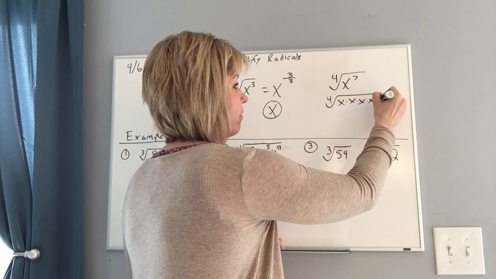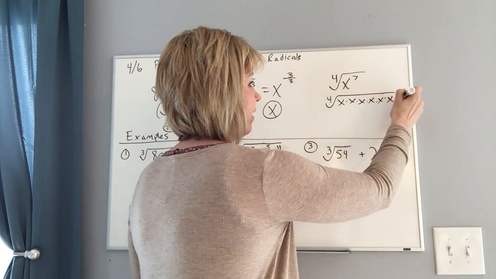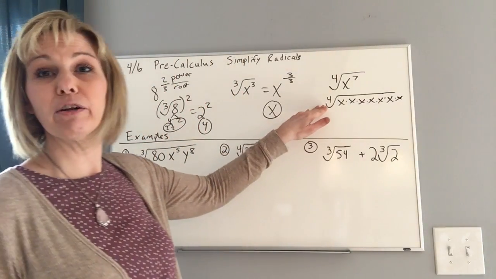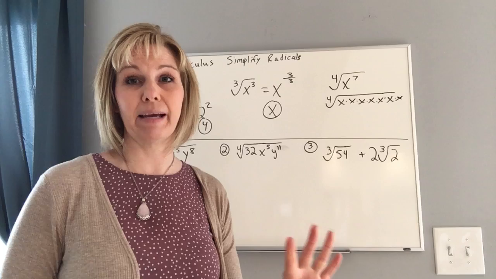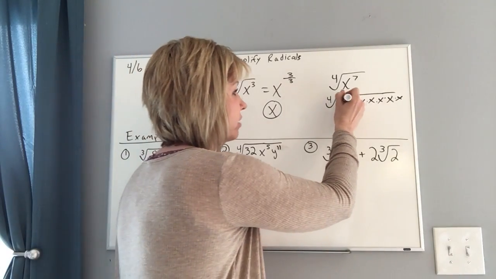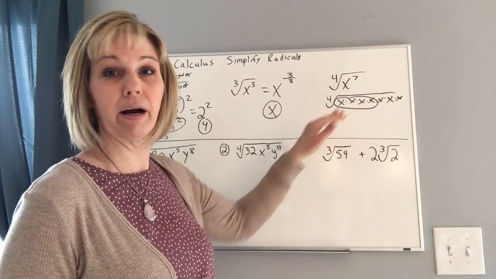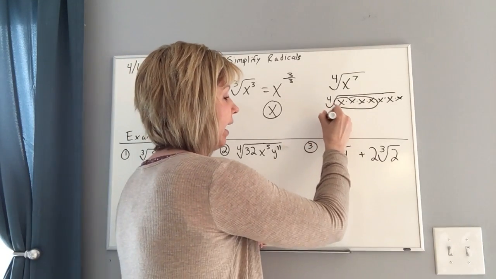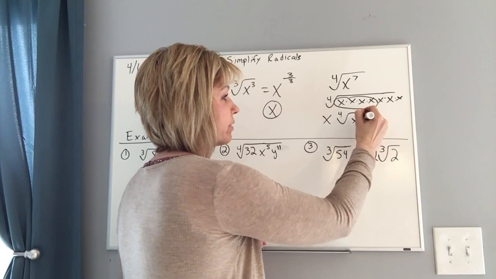So I'm just going to write out x times itself 7 times: 1, 2, 3, 4, 5, 6, 7. If it's under the radical, it's the 4th root. So you need 4 of the same to take it out as 1. So I could circle 4. I have a group of 4. I can take out 1 x, and then underneath the 4th root, there are 3 x's left.